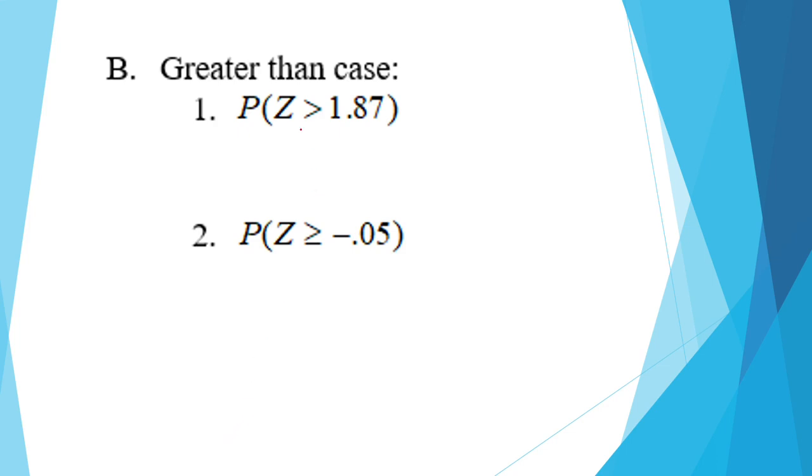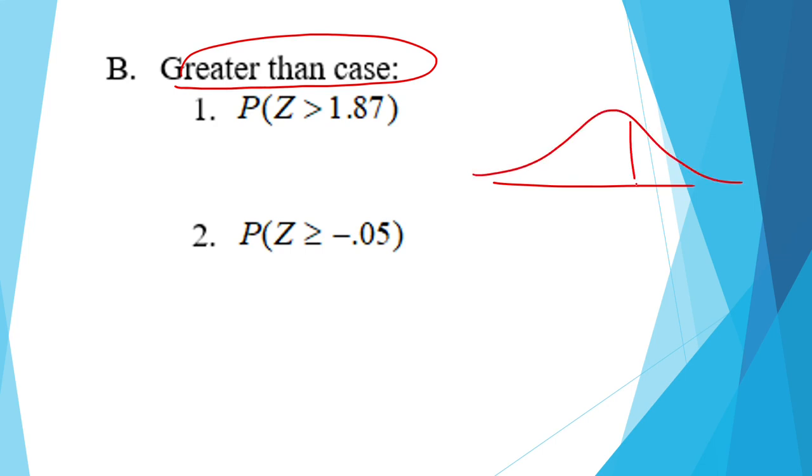Part B, we're looking at the greater than case, and all of these represent the area to the right of the z-score. Now, how are we going to find the area to the right of 1.87 if the table only gives us the area to the left? Here's what we're going to have to do.